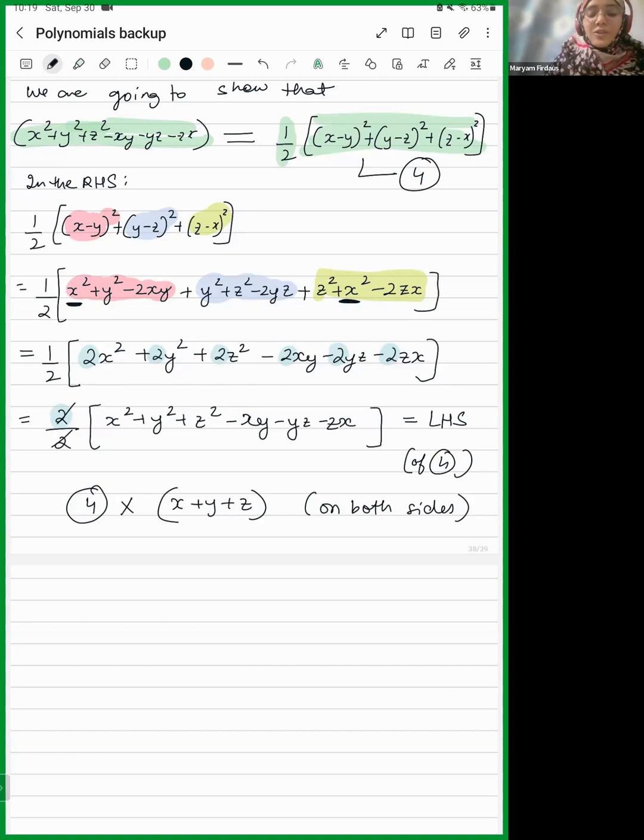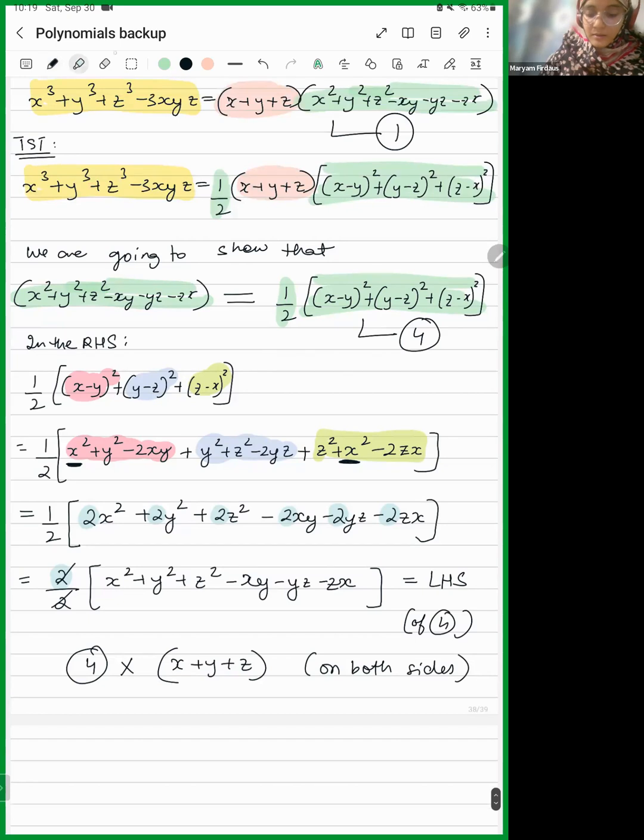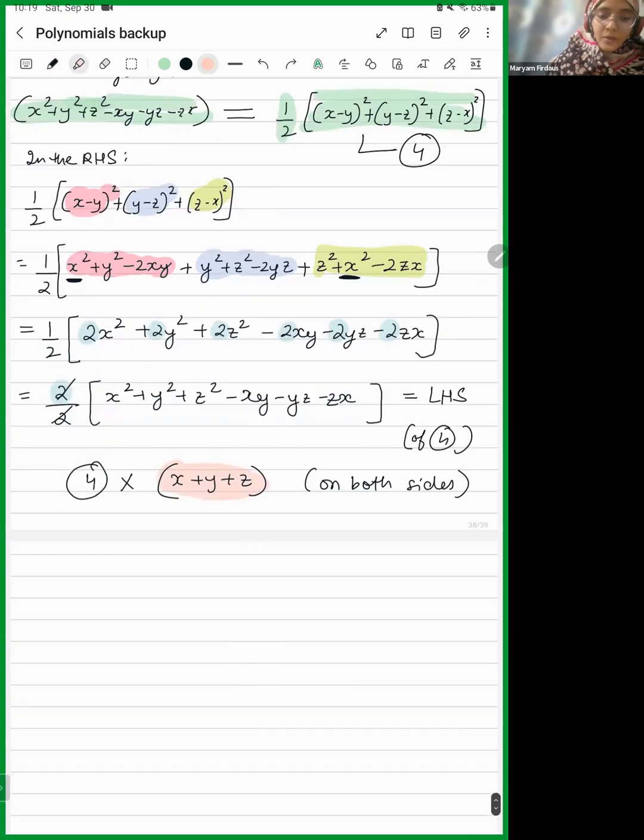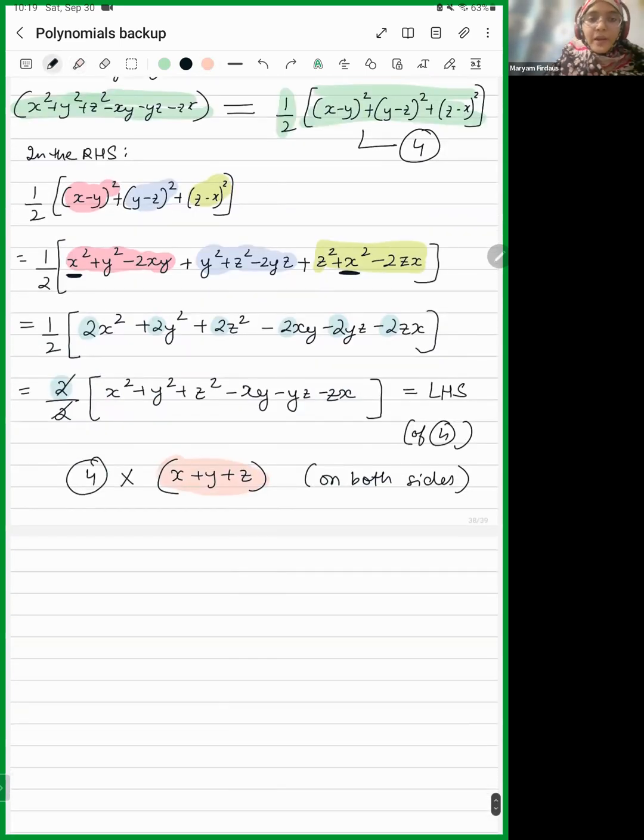Otherwise, it won't remain an equation anymore, right? Anyway, we are multiplying it with x plus y plus z. Why? Because we need it in the final equation. So what does the LHS of equation 4 become after multiplying it with x plus y plus z?